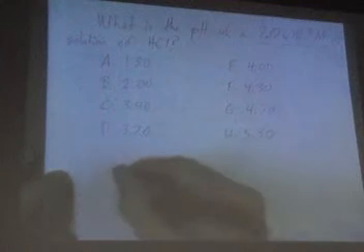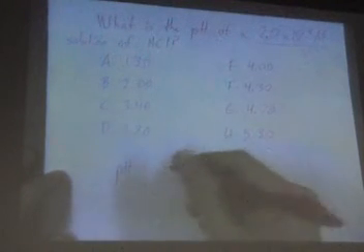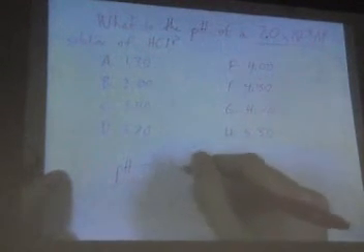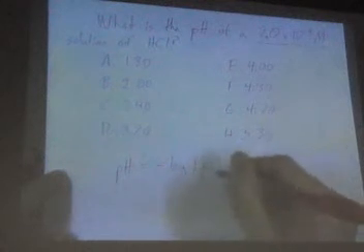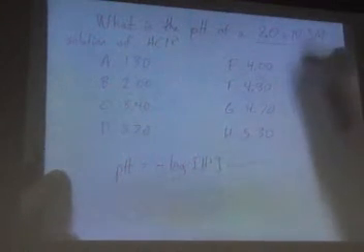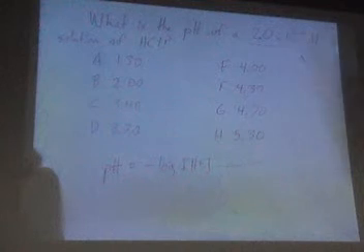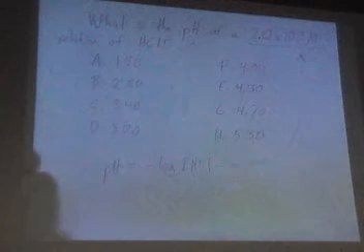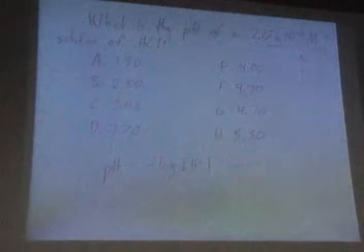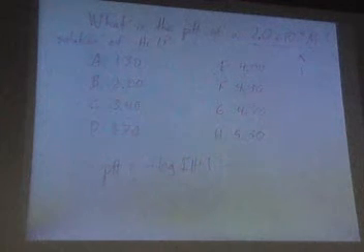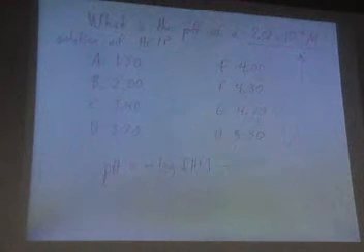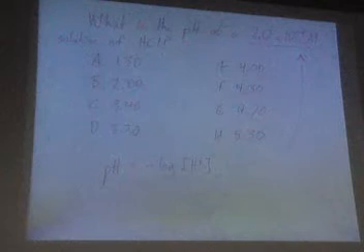So pH is just equal to the negative log of H plus, and H plus is this number over here. So all you have to do is type in negative log 2.0 times 10 to the negative 4, and we get 3.69 roughly, which reduces to 3.7.